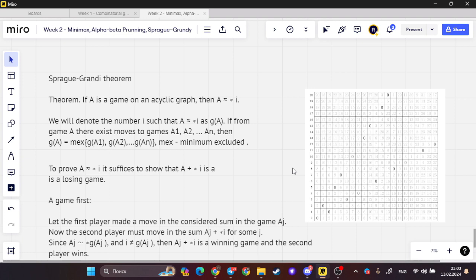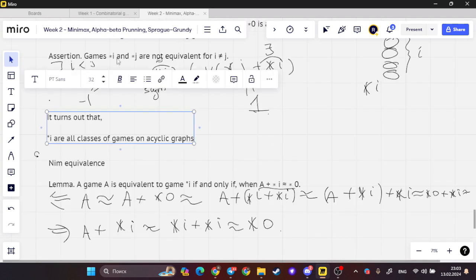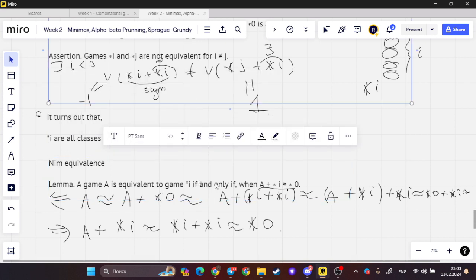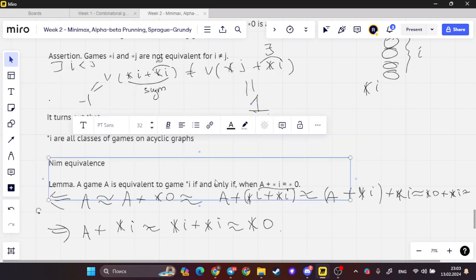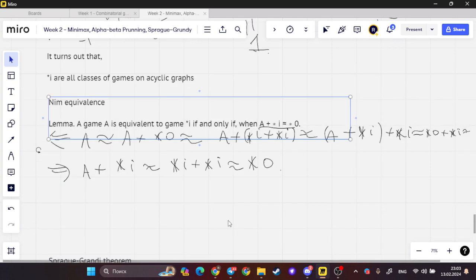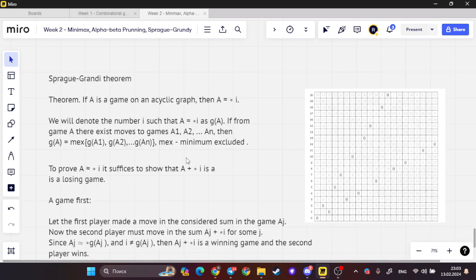It means that, once again, according to this, any game is equivalent to some game on nim on a cyclic graph.